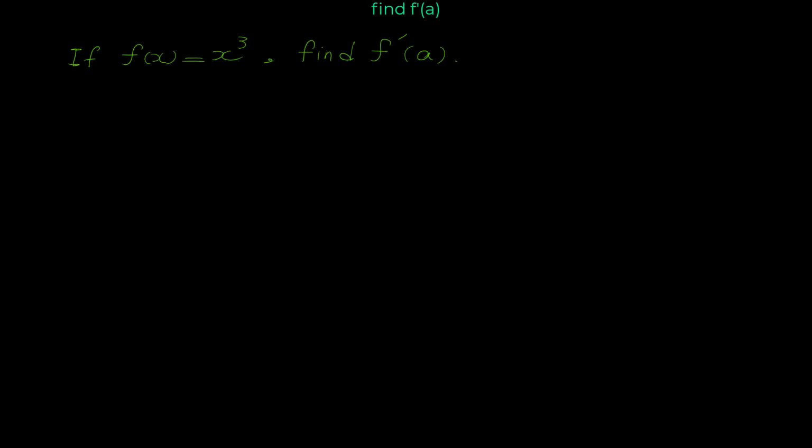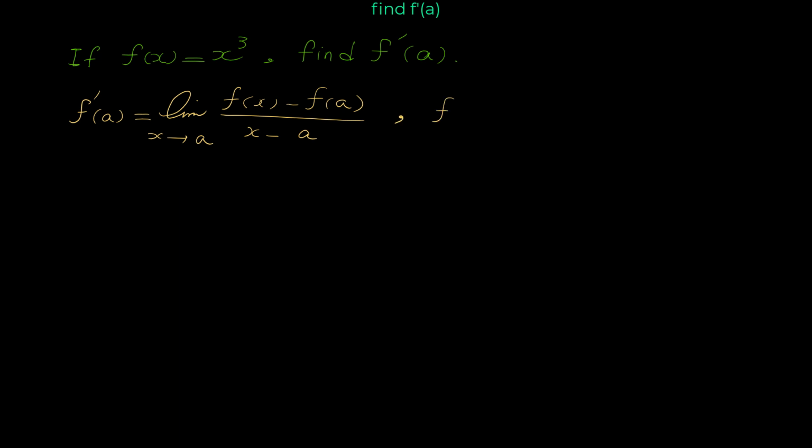First, let me remind you the formulas that we can use for finding f prime of a. We can use this formula, the limit of f of x minus f of a over x minus a as x approaches a. This is one formula that we can use.